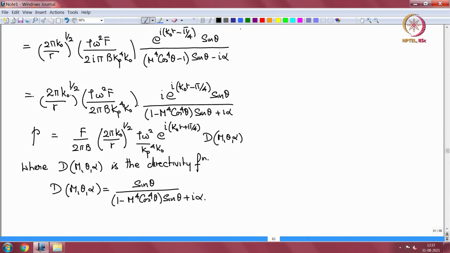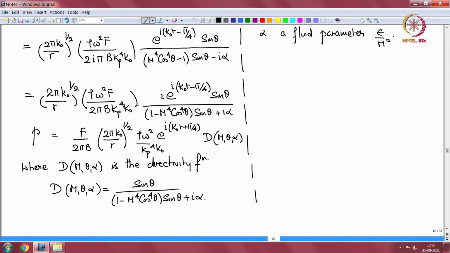So α is also a fluid loading parameter, which turns out to be epsilon over m squared. Okay, so in that sense α carries frequency in it.